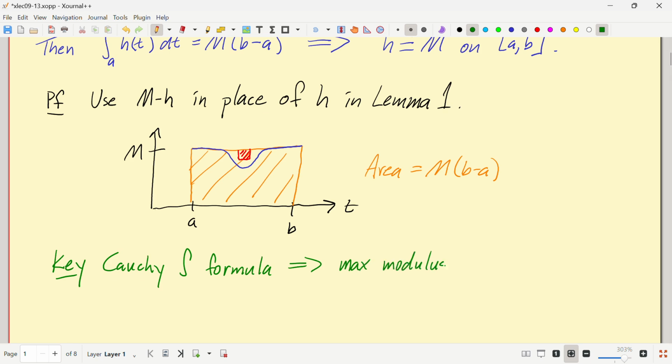Sometimes I'll drop the word modulus, maximum modulus theorem or principle. But, I'm sorry, there's this intermediary thing here: the Cauchy integral formula implies an averaging property. And the averaging property is what's going to imply the maximum principle.